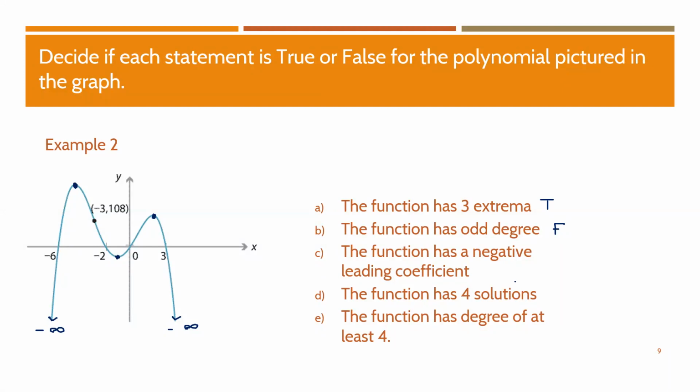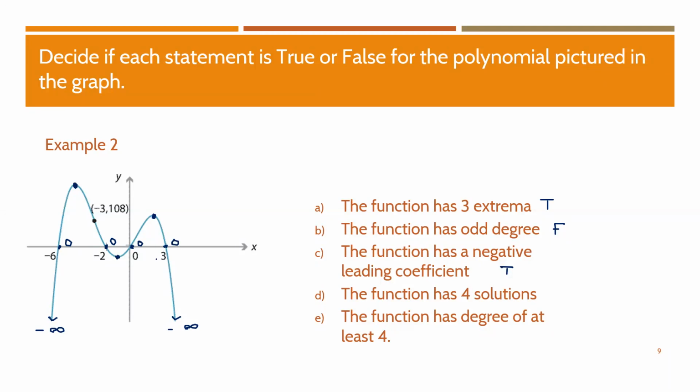Letter C, the function has a negative leading coefficient. Well, this depends where the right side of the graph is headed. When I look at the right side of the graph, it is headed towards negative infinity. So that means a negative coefficient. That is true. Letter D, the function has 4 solutions. Well, when I look at the graph, I see 1, 2, 3, 4 zeros.